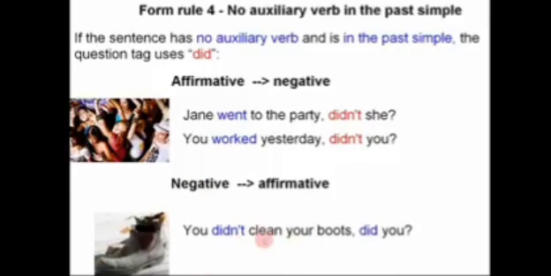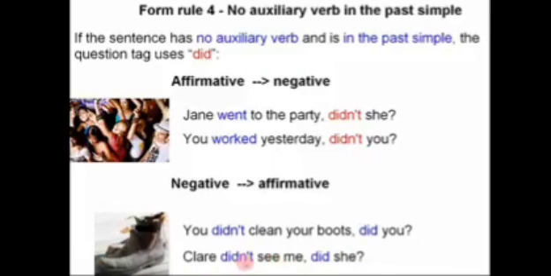Didn't, clean are the verbs in that sentence. Didn't is helping the main verb clean. And you find that in the question tag, you have the positive form. Didn't becomes did. Claire didn't see me, did she?